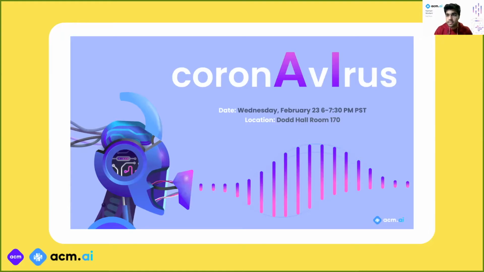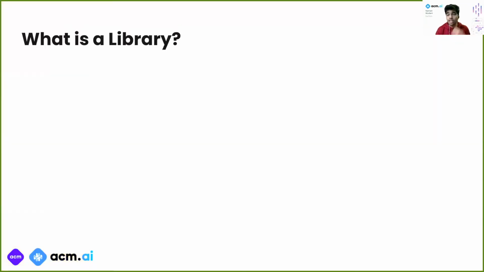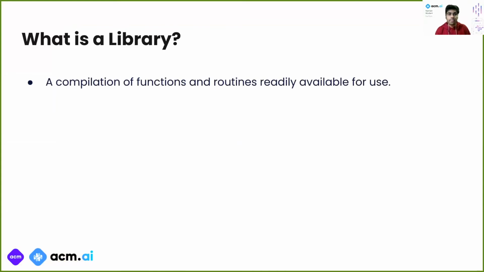And I guess with that out of the way, we can get started. So let's talk about libraries. I understand that most of the people who've joined beginner track are from CS31 or CS32 or are doing one of those. So you might have an idea of what a library is, but I'll just recap quickly. A library is a compilation of functions, data structures, routines, algorithms, which are readily available for use.